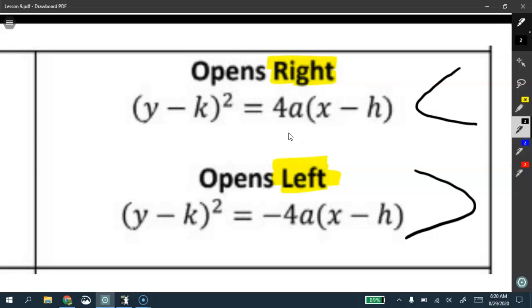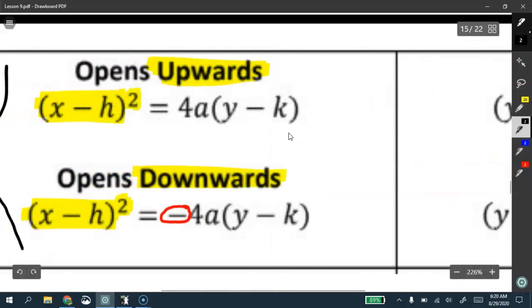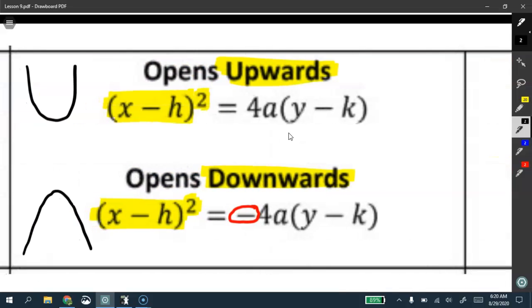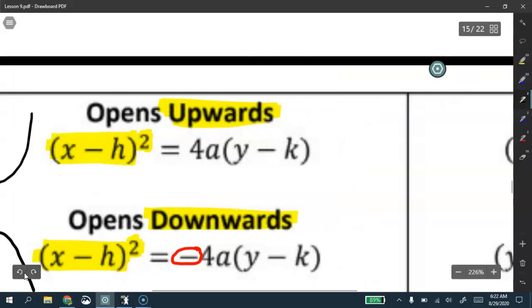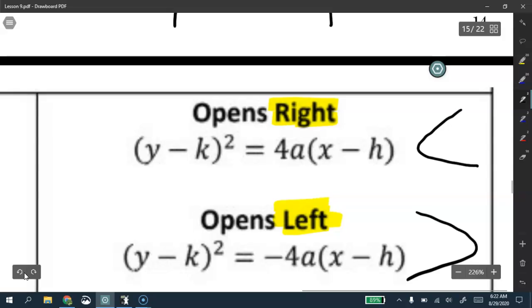Now, notice how in opening upward and opening downward, both of these had an x minus h term that was squared, and then they had a y minus k term that was not squared. Whereas in a parabola that opens right, the y minus k term is actually the one that's squared.